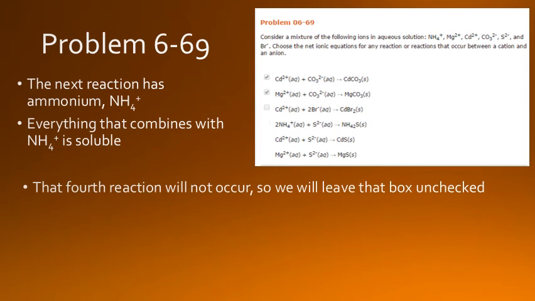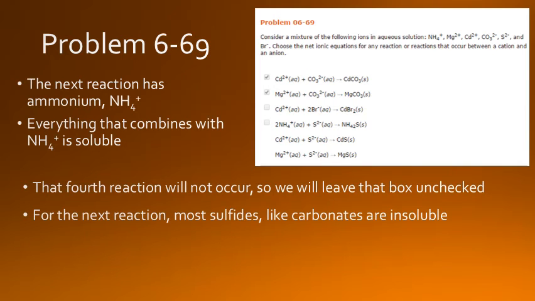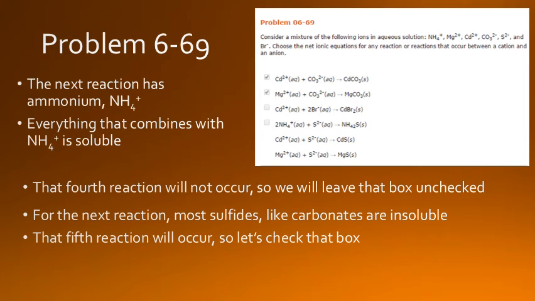Everything with ammonium is soluble. So that fourth reaction will not occur. We will leave that box unchecked as well. The next reaction, most sulfides, like carbonates, are insoluble, except with ammonium or group 1A. So this fifth reaction will occur. Cadmium plus sulfide will make a solid cadmium sulfide. Check that box.